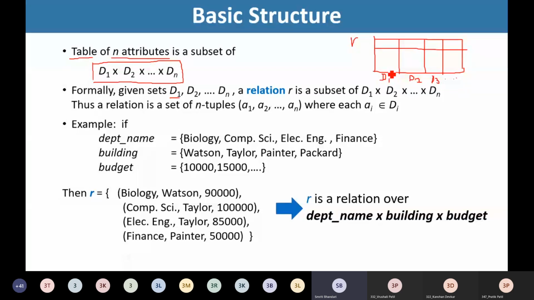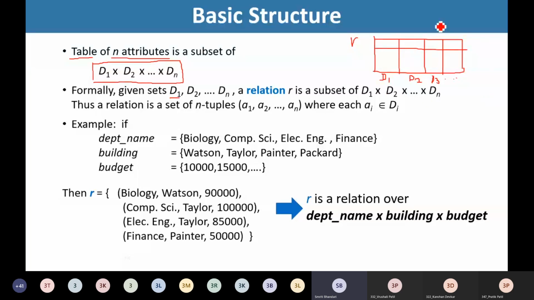Every attribute has a respective domain, so n attributes means n sets of values, n domains.